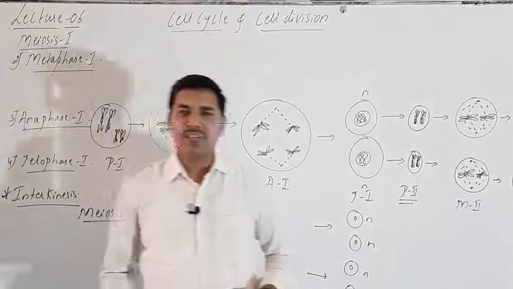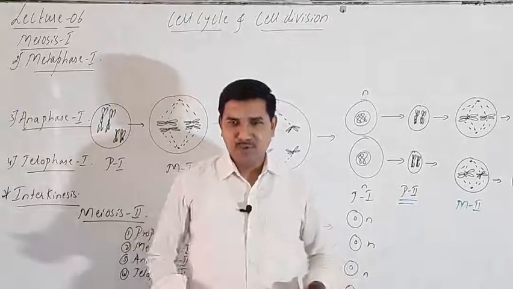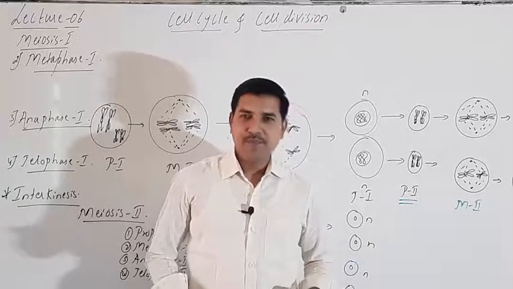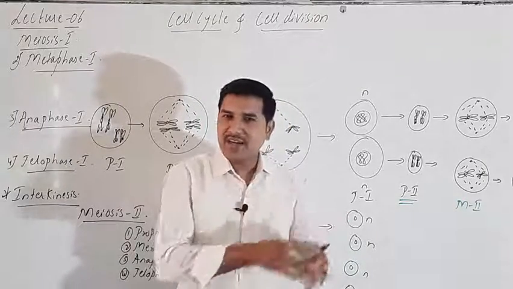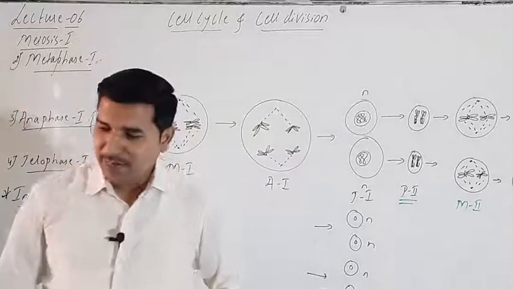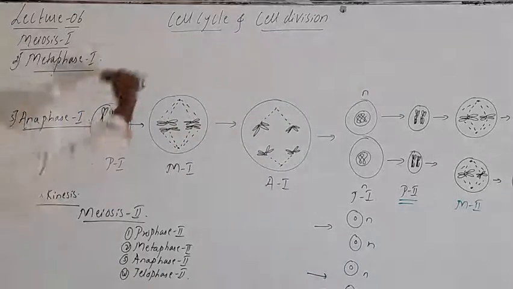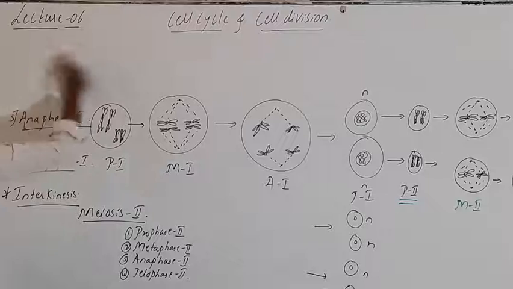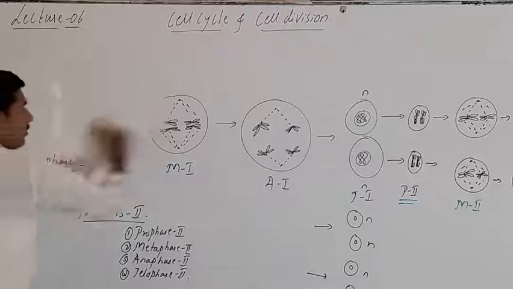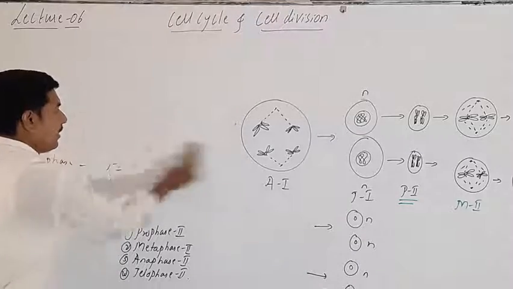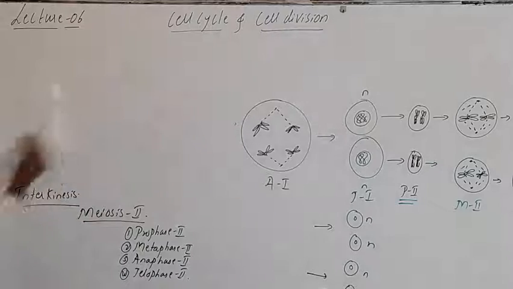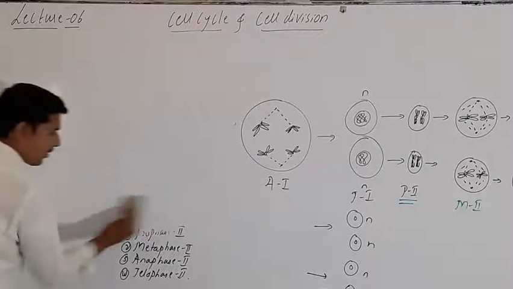We have learned all this about meiosis, so what is its significance? That is the last part, right? As we have already studied the significance of mitosis, now here we have the significance of meiosis. Where does meiosis occur? Meiosis occurs in sexually reproducing organisms.